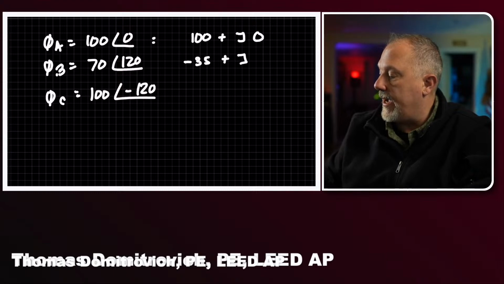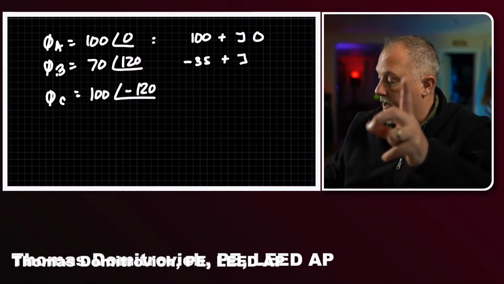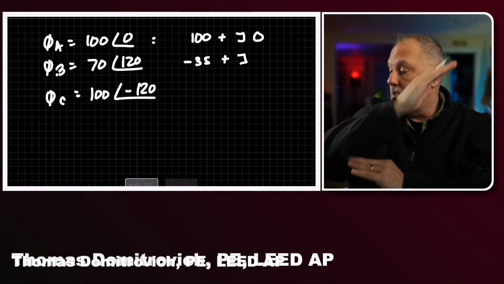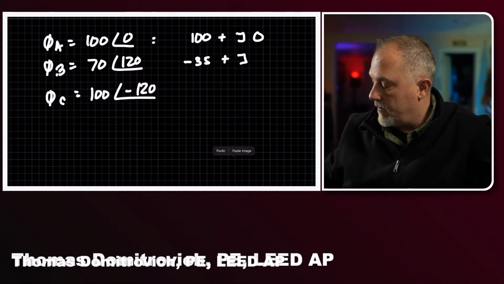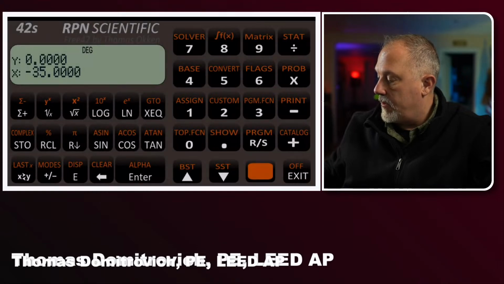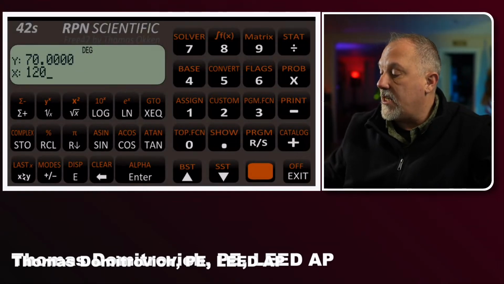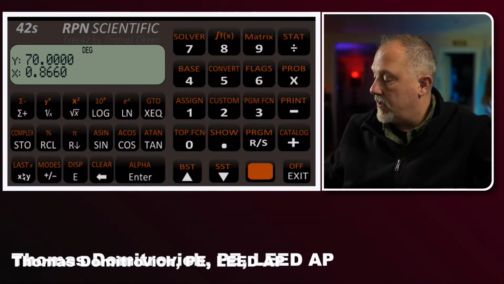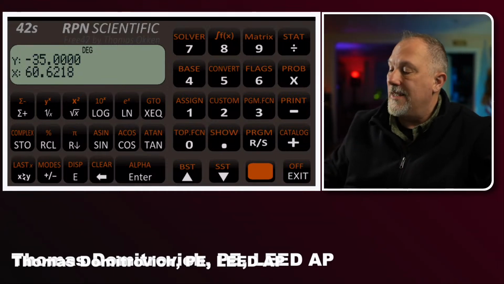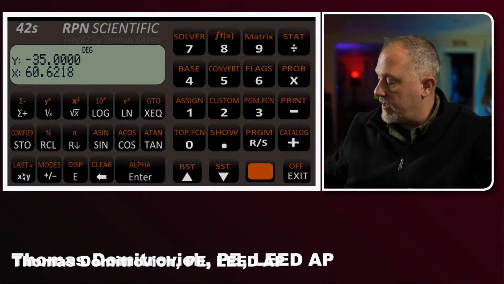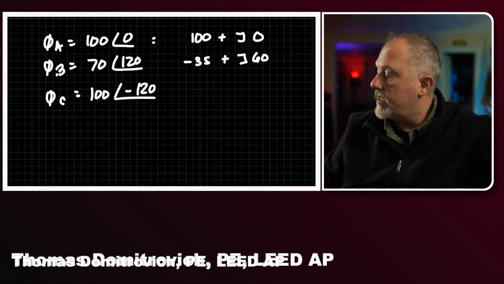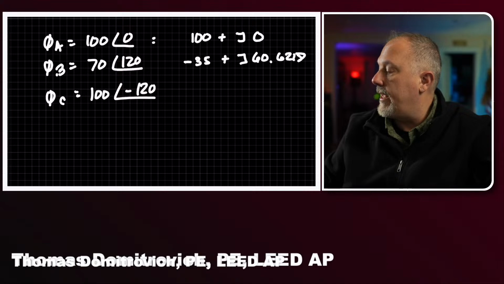plus j, and I know it's going to be plus. Why do I know it's going to be plus? Because I'm this way. So 70 sine 120 times 60.6218.